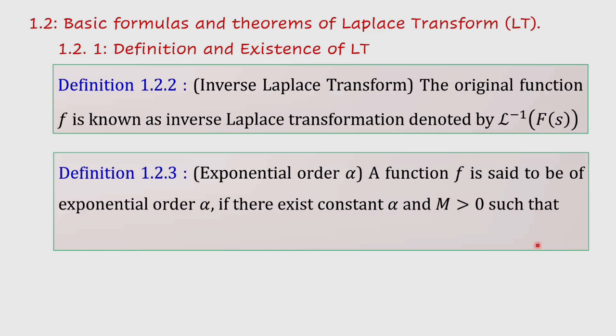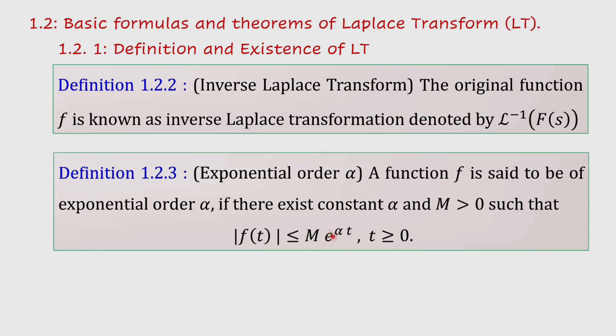Next, to discuss the existence of the Laplace transform, we introduce the concept of exponential order alpha. A function f is said to be of exponential order alpha if there exist constants alpha and M greater than 0 such that the absolute value of f(t) is less than or equal to M e to the power alpha t for t greater than or equal to 0.